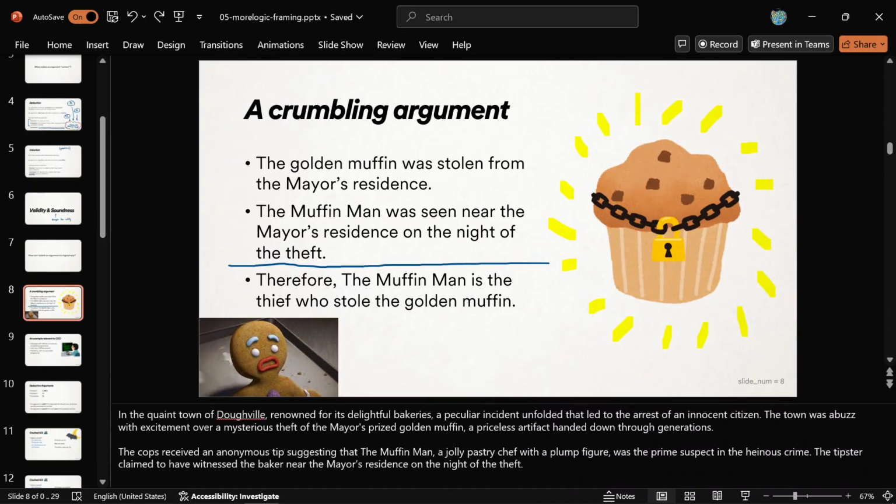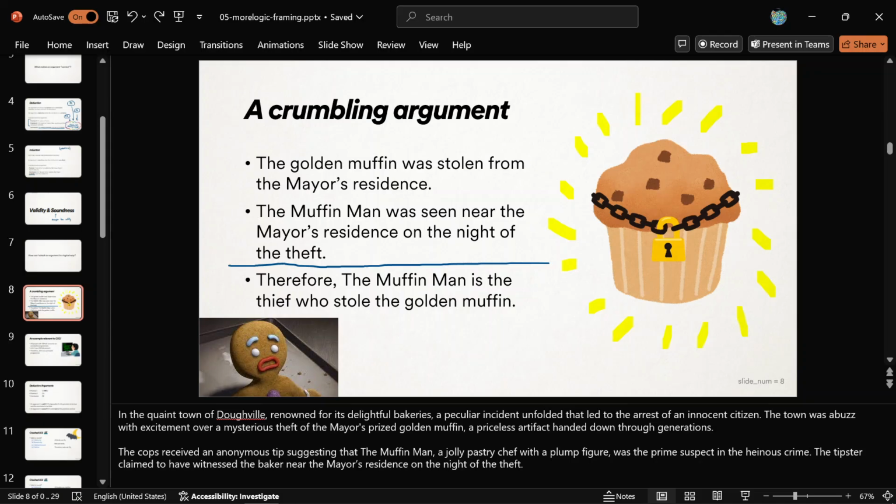In the quaint town of Deauville, renowned for its delightful bakeries, a peculiar incident unfolded that led to the arrest of an innocent citizen, the Muffin Man. The town was abuzz with excitement over a mysterious theft of the mayor's prized golden muffin, which he kept locked up, a priceless artifact handed down through the generations.